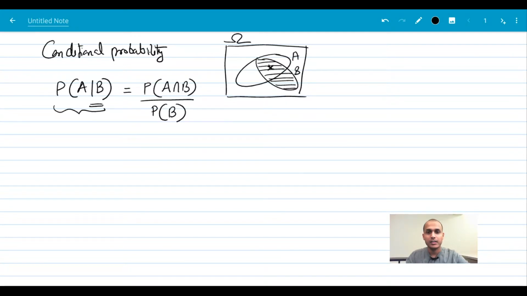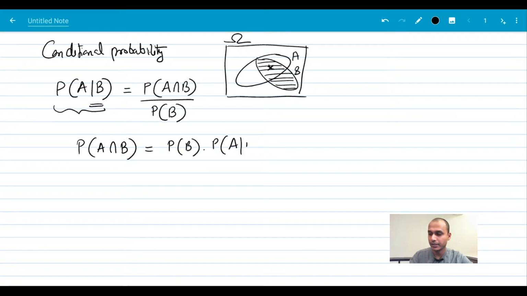There's a nice interpretation to this via what is called the multiplication rule. If you take the denominator to the left hand side, you can see that the probability of A intersection B is nothing but the probability of B times the probability of A given B. This is the probability of common outcomes.